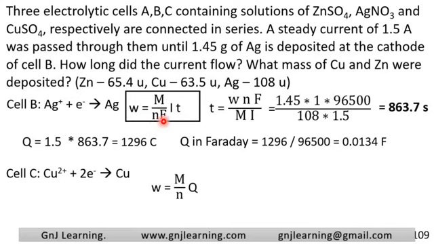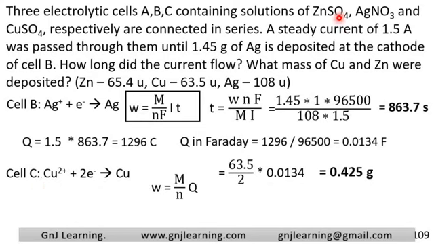If F is not there, the calculation is easier. So I converted coulomb into Faraday to use this much simpler equation, M by n into Q. What is M of copper? 63.5. n is 2 here, and Q is given in Faraday. Substituting, 63.5 divided by 2 into 0.0134, you will get the amount of copper deposited at the same time and current, that is 0.425 grams.